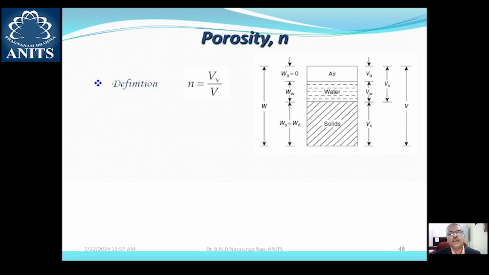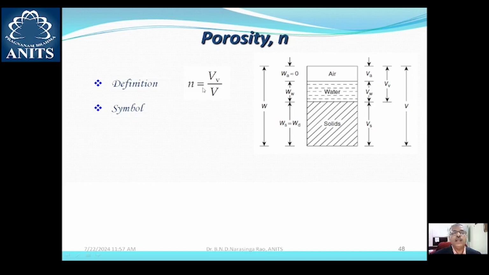Now the second physical property defined in terms of the ratio of volumes is porosity. The symbol is n, and n is defined as the ratio of volume of voids to total volume. Previously void ratio was defined as the ratio of volume of voids to the volume of solids, whereas here in porosity, the same volume of voids is defined in terms of the total volume.